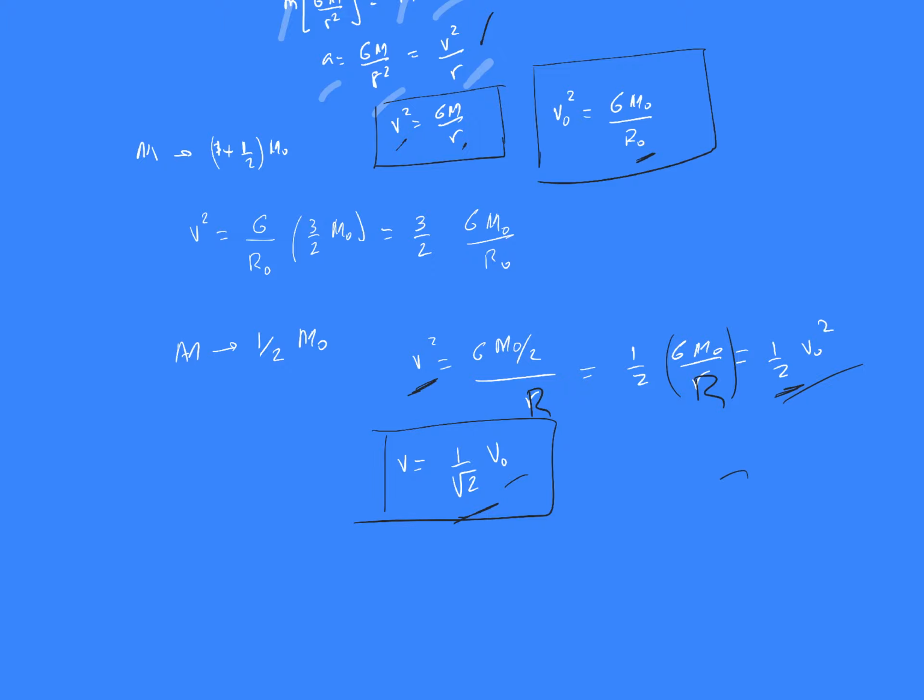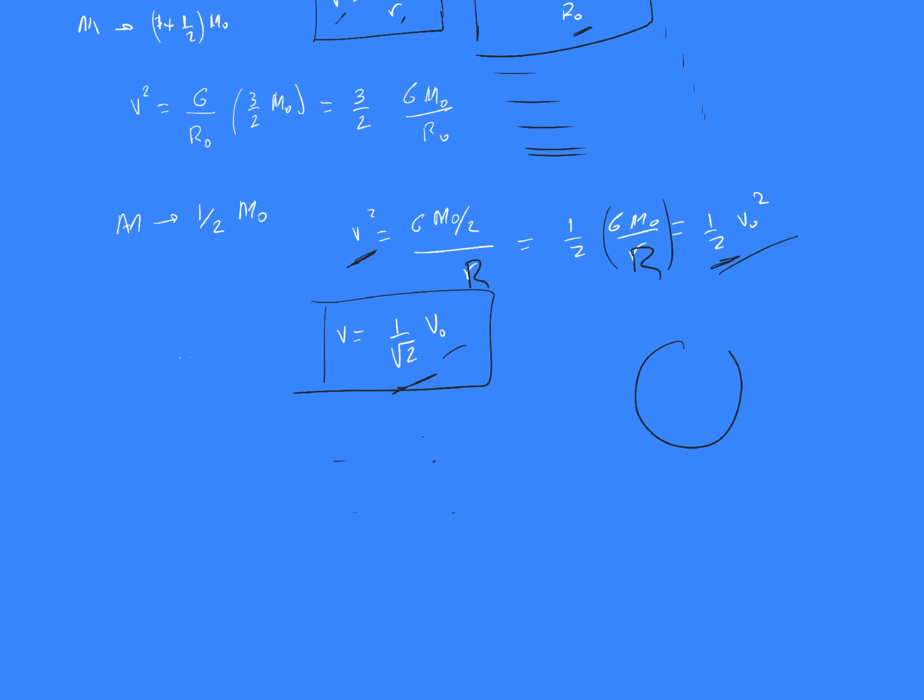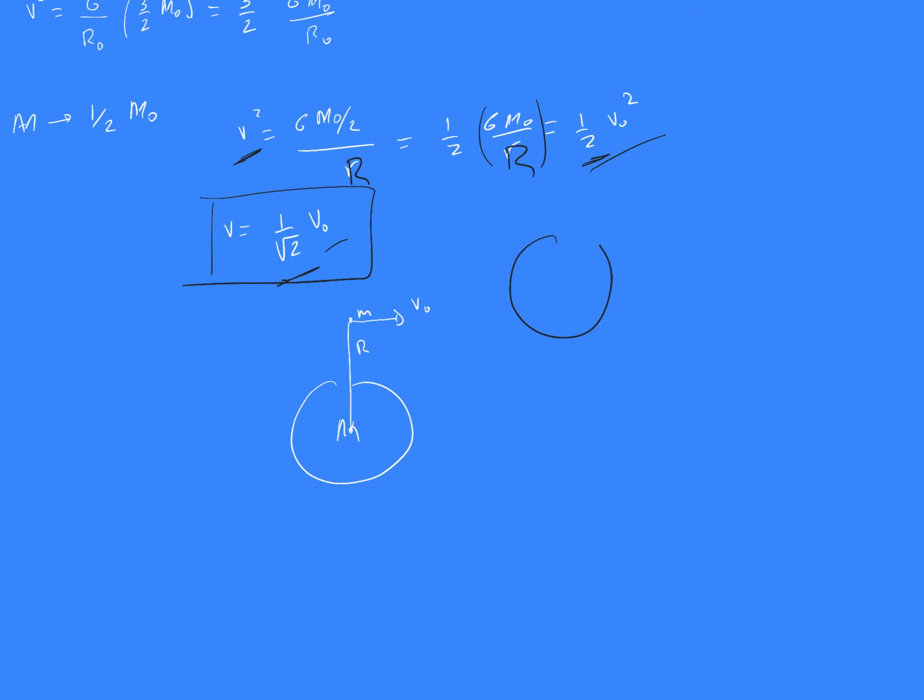So what it means is this: if you have a planet of mass M and an object of mass m orbiting in a circular motion of radius r with a velocity v0, and the satellite is performing a perfect circular motion.